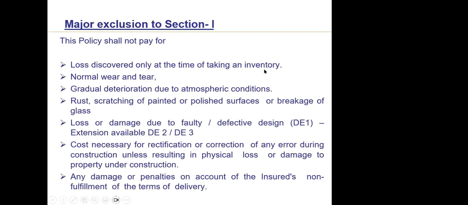So many times it happens, there is a store manager, and once in a blue moon, after 3 months or 4 months or 6 months interval, when he takes inventory, he finds that there is a shortage of 100 pieces of a particular item. He does not know when this shortage has taken place, or somebody has stolen some of the parts, or he has issued 110 instead of 100, there was a counting mistake.